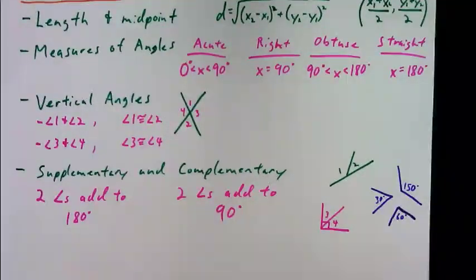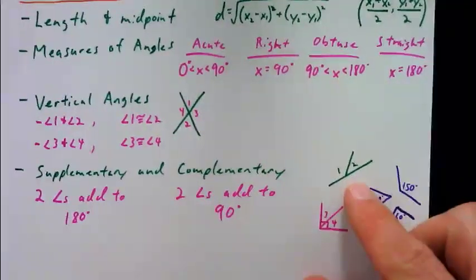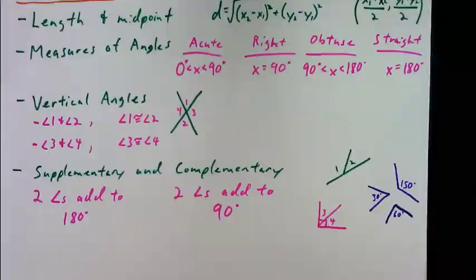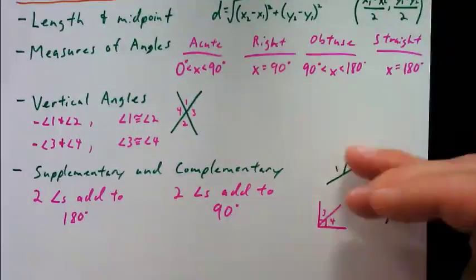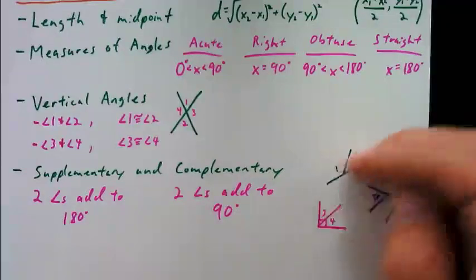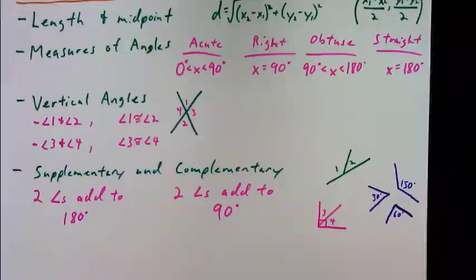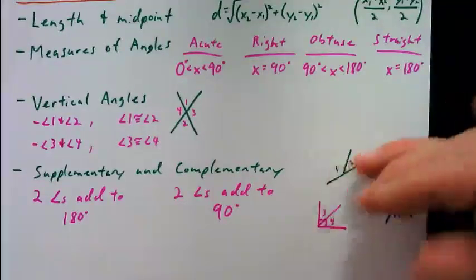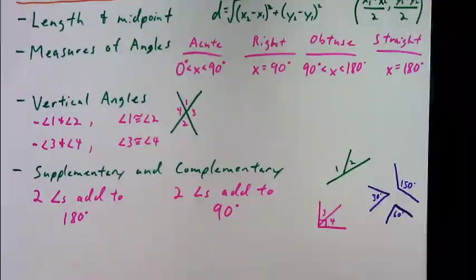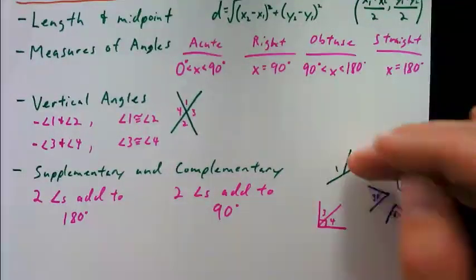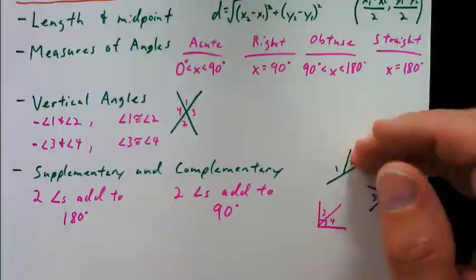So, on the first one that I drew in green there, what can I say about angles 1 and 2? They are supplementary. Now, there's a lot of other vocab words in geometry. I can describe the angles 1 and 2 and the angles 3 and 4 here as being adjacent. So these two are adjacent, these two are adjacent, meaning they're next to each other. I can also describe angles 1 and 2 as being, since they're adjacent and they're forming a line, a linear pair. All right? So again, yes, this is a set of supplementary angles.